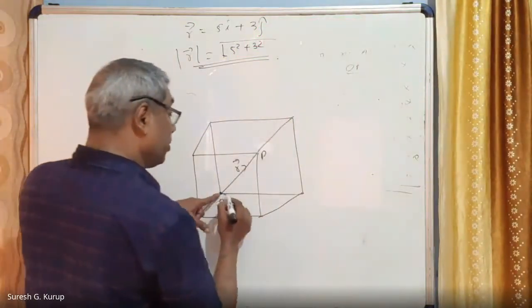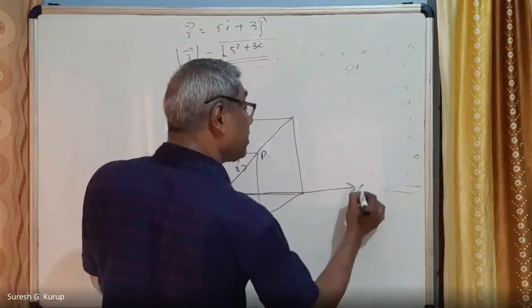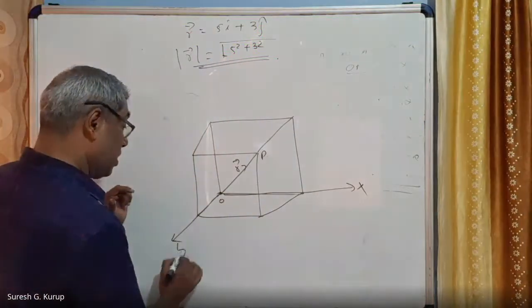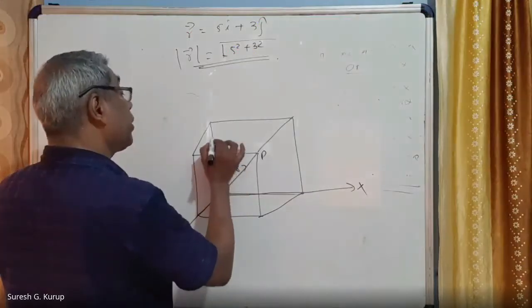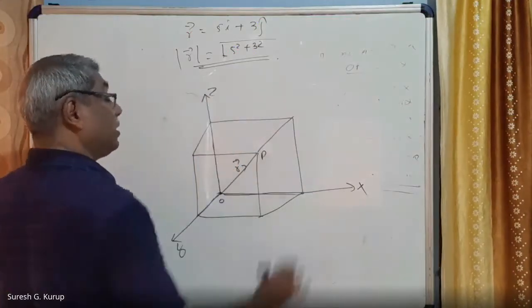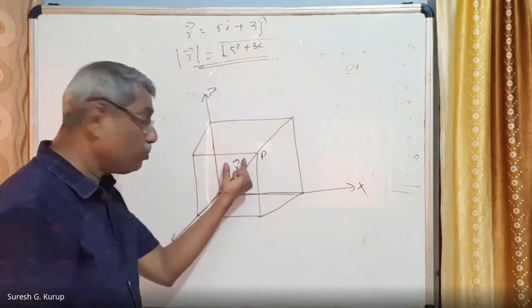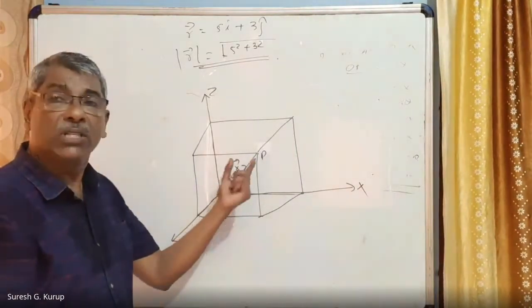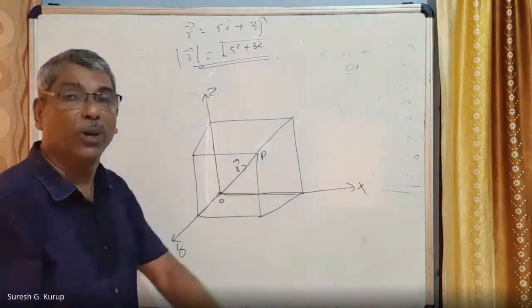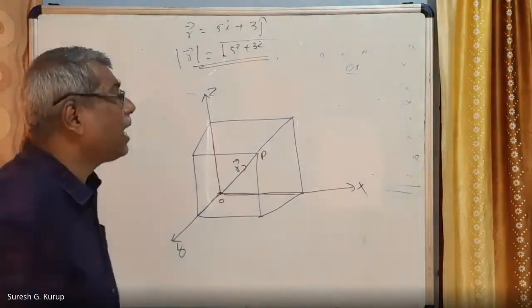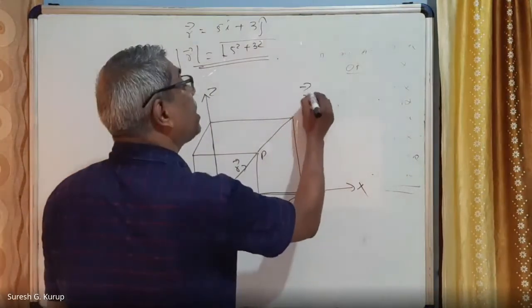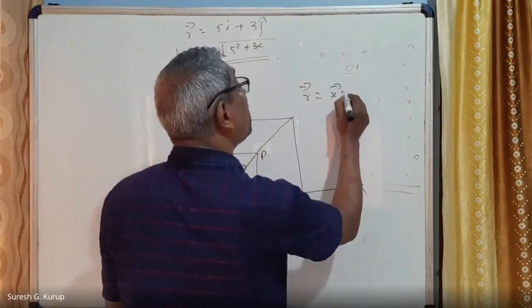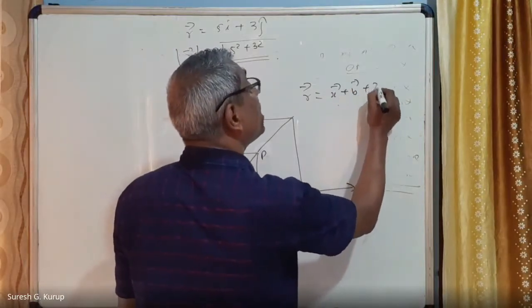Why? Because it is bound by three axes. One is x-axis, other is y-axis, and this is z-axis. R is bound by three axes. Therefore, vector R must have three components. So in this case, I can write vector R is equal to vector x plus vector y plus vector z.